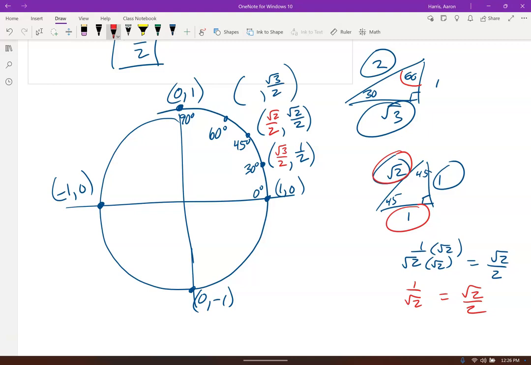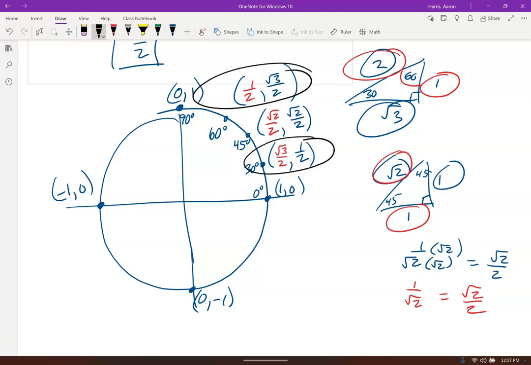Cosine of 60 would be adjacent, the adjacent next to the 60 over hypotenuse, 1/2, right? But notice these 2 points just flip-flop, the 30 and the 60. The 30 has a root 3 over 2, and the 1/2 is the y, but they flip-flop on the 60.